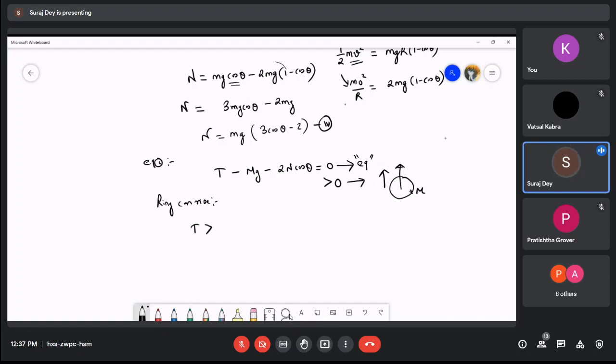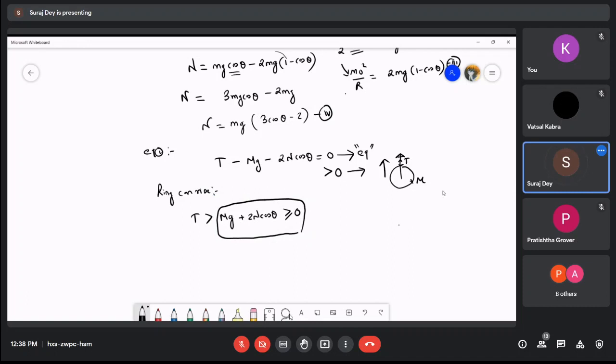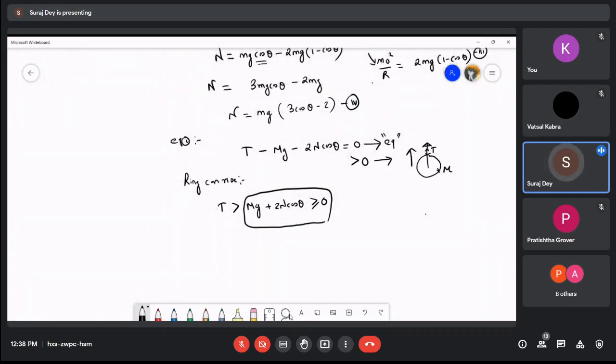So for that, we need the tension to be greater than all these forces. And remember, the tension is always greater than or equal to 0, right? The string can only pull the ring up. It cannot push it down. So this expression has to satisfy this particular condition. So this will be true if the ring has to rise.